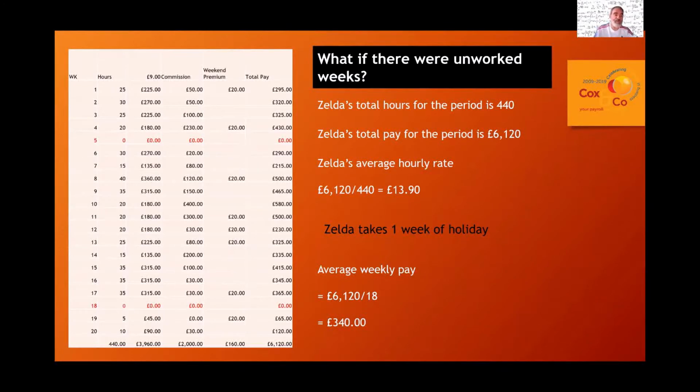And we're going to exclude week 18, again because there's no payment for hours that have been worked. So on this occasion, instead of her total earnings being divided by 20 weeks, we're going to divide them by 18. So we then come out with her holiday rate as being £340 per week.